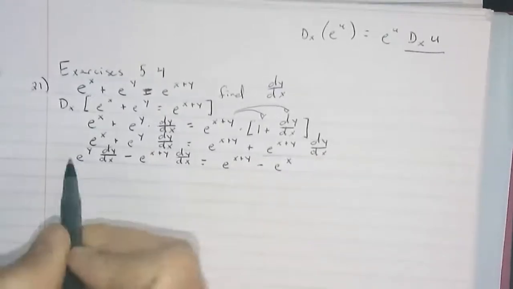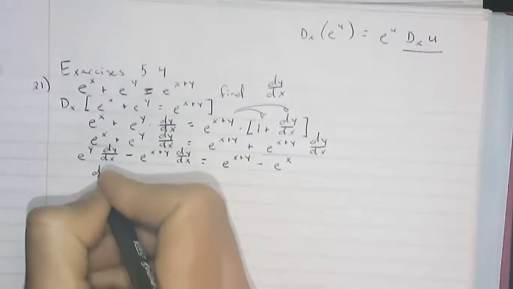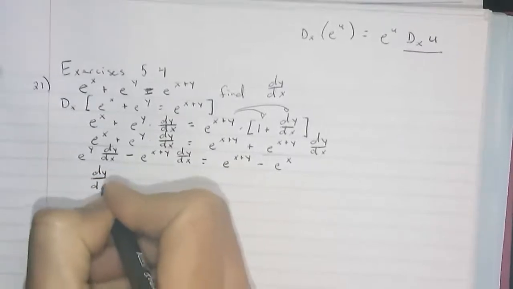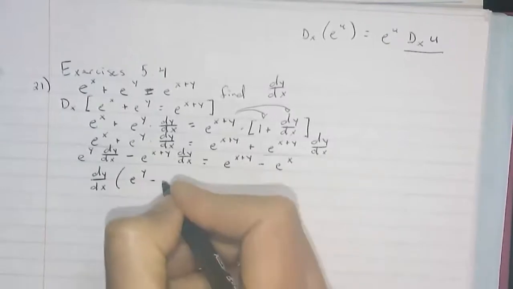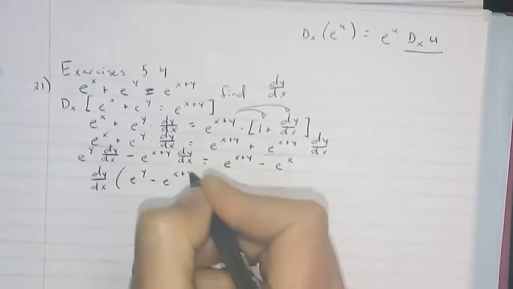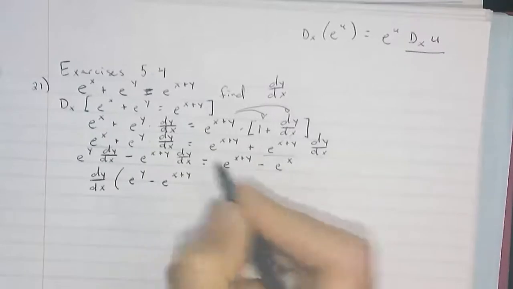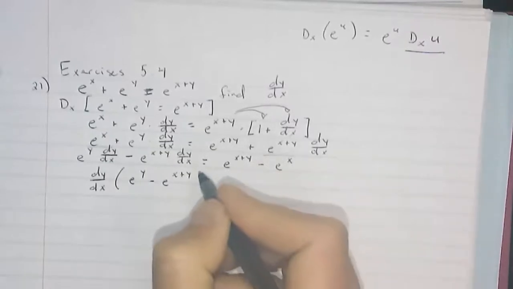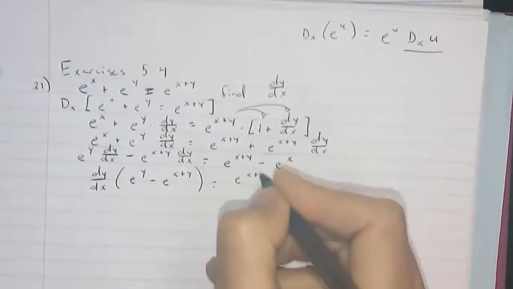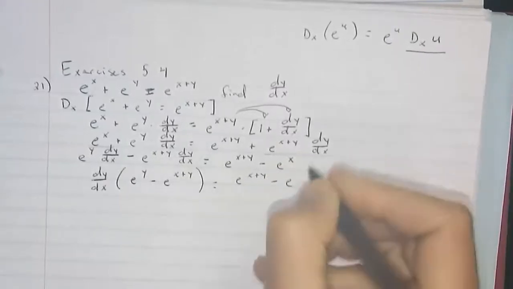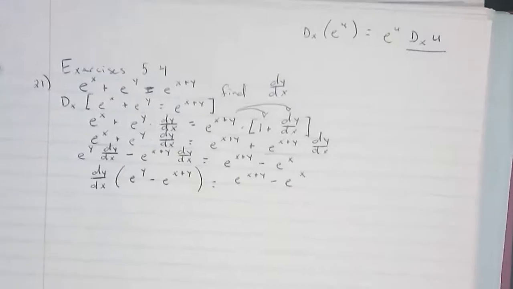Now factoring out the derivative, we get dy/dx times e to the y minus e to the x plus y. Oh, this is going to be fun. Is equal to e to the x plus y minus e to the x.